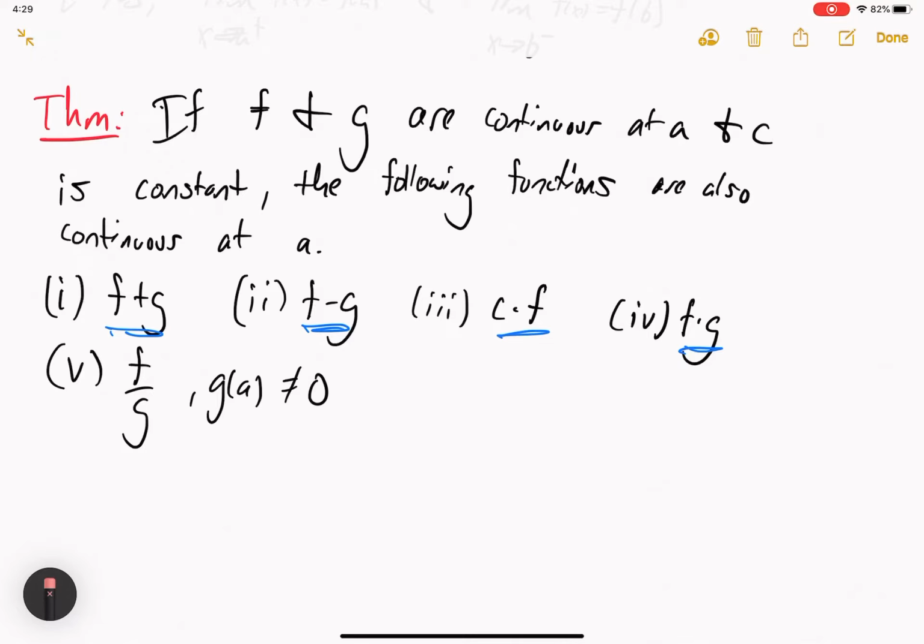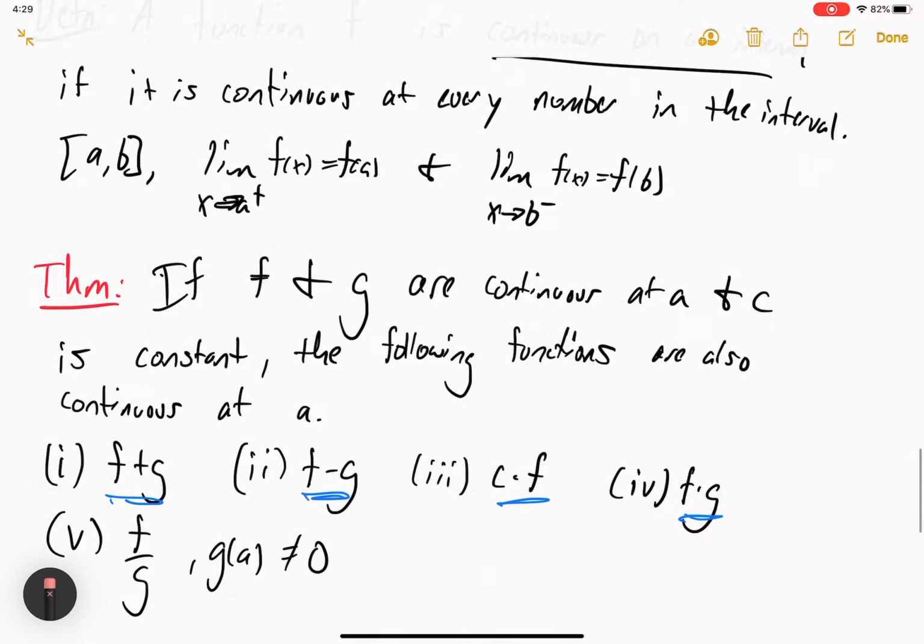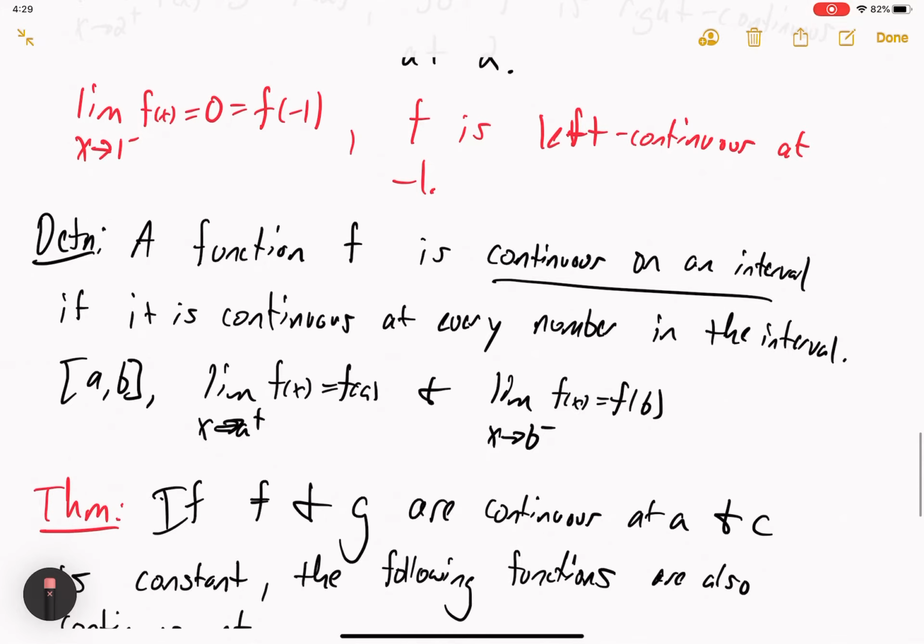All right, so what I just said above is that a function f is continuous on an interval. And an interval isn't everything. It's not negative infinity to infinity. And there are some functions that are continuous everywhere, as we would say.